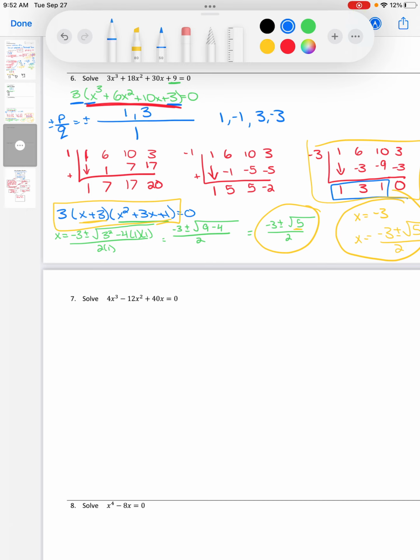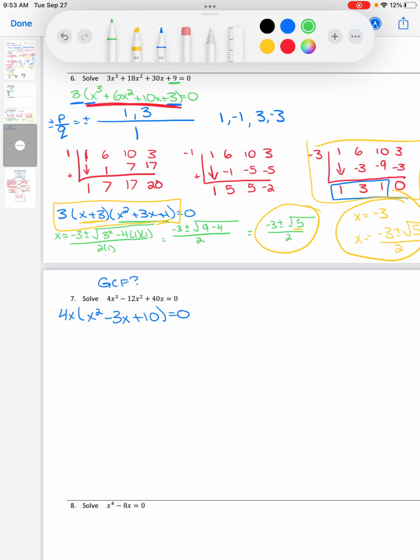Okay, so first thing we always ask ourselves, is there a GCF? Yes, there is a GCF. We can take out 4x. So if I take out 4x, I'm left with x squared minus 3x plus 10, all equals 0. Okay, so question, is this factorable?